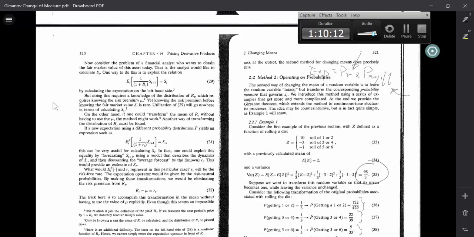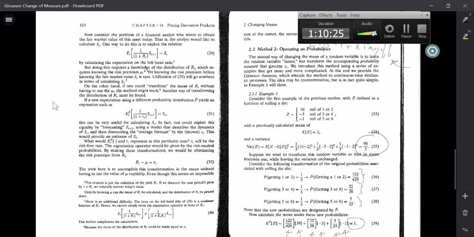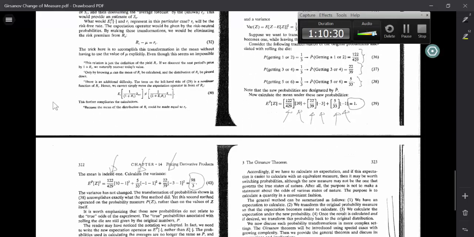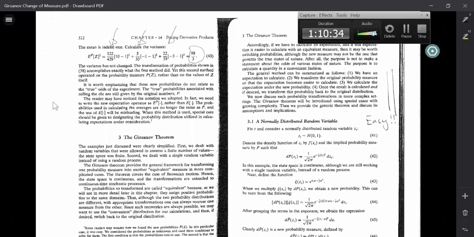Apart from influencing the payoff, this guy came up with the idea, why not influence the probabilities artificially to turn the expectation into something that you want, and then you do your valuation on the derivative, and then you change it back to your original probability measure.